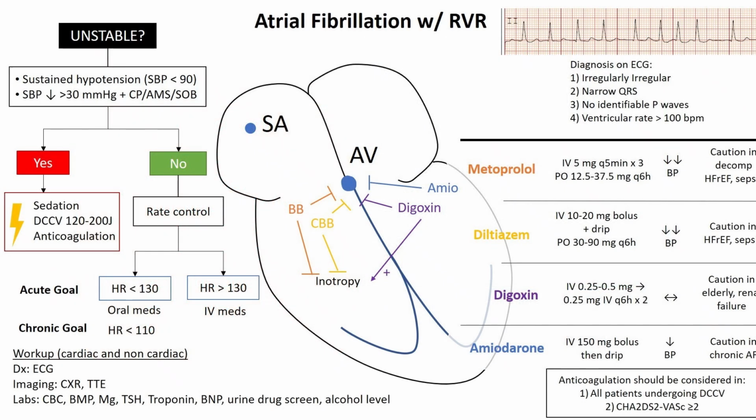We know with AFib, our atria are firing chaotically and they can be beating up to 600 times a minute, making us lose a significant amount of our cardiac output. But again, where do we get most of our cardiac output from? Those big ventricles.